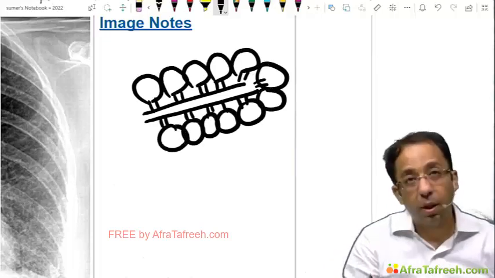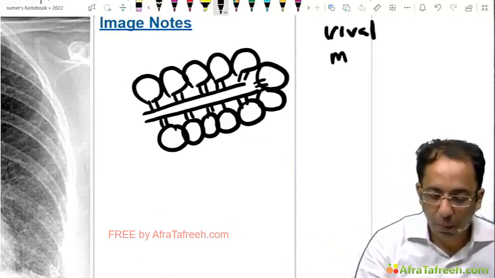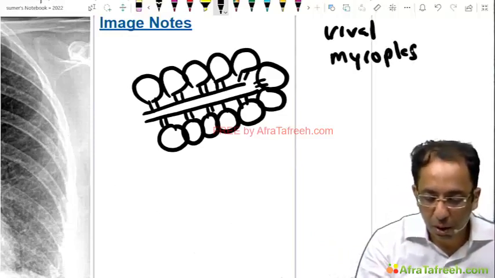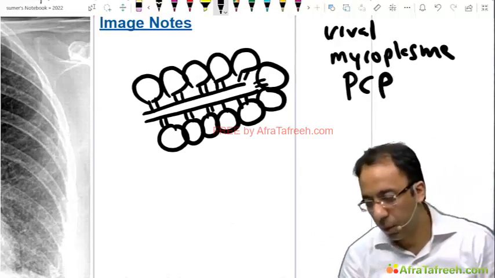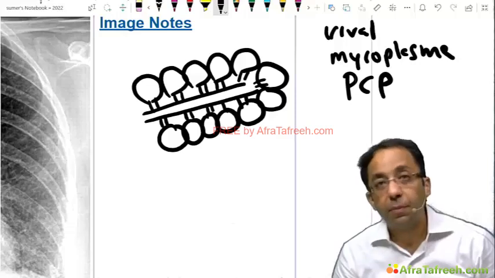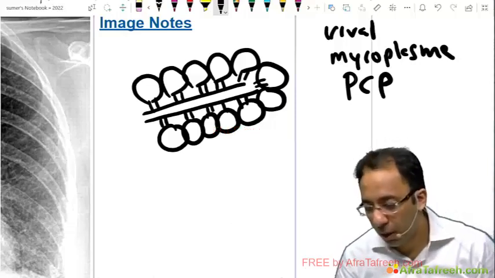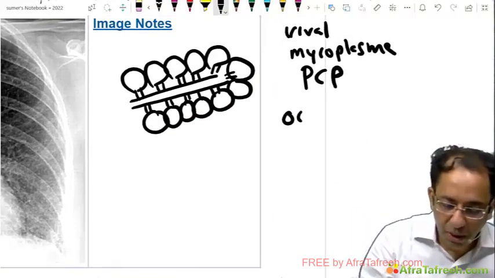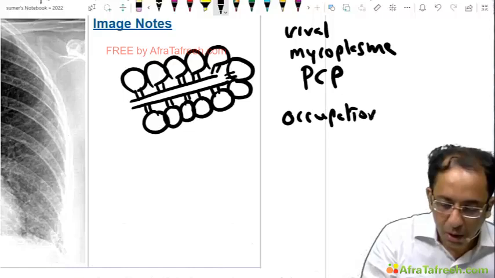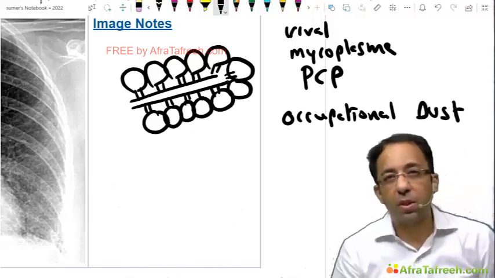Suppose you have a viral pneumonia, or mycoplasma pneumonia, or pneumocystis pneumonia. Or you have some occupational dust exposure, or maybe some dust exposure.